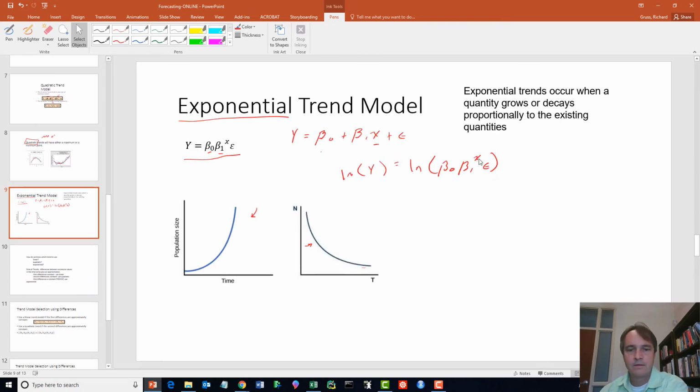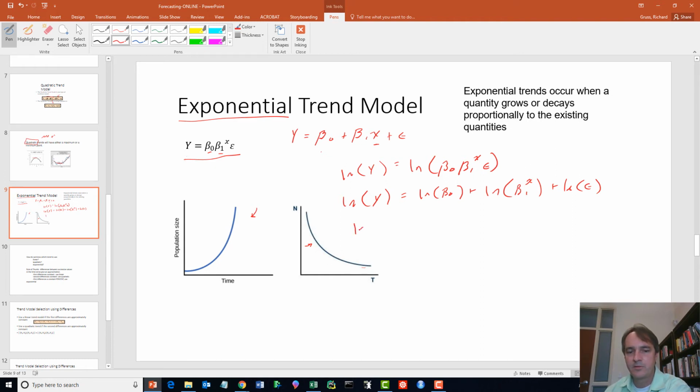So we can change this so that log of y is equal to the natural log of beta 0 plus the natural log of beta 1 to the x plus the natural log of the errors. And there's a property of logarithms that if you're taking the log of something to an exponent, the exponent can be pulled out.